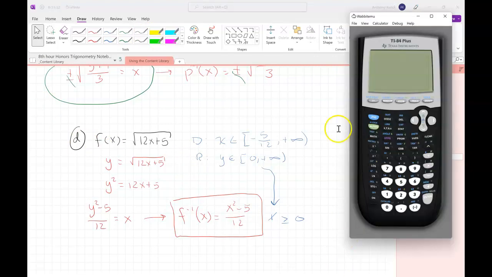Here, let's look at the picture real quick. So there's my absolute value function. Here's the line y equals x. When I reflect across that line, I'm just going to be getting part of this guy.